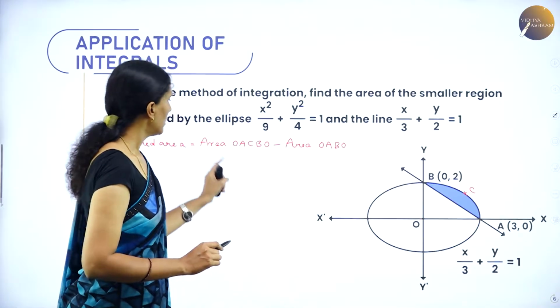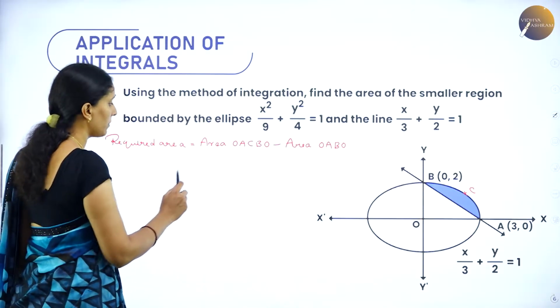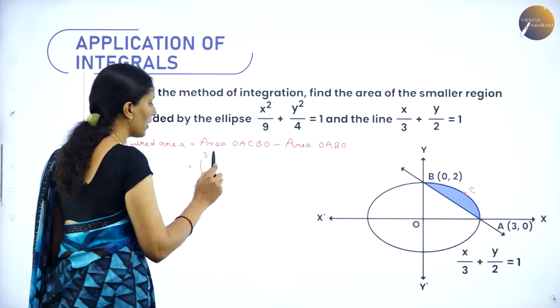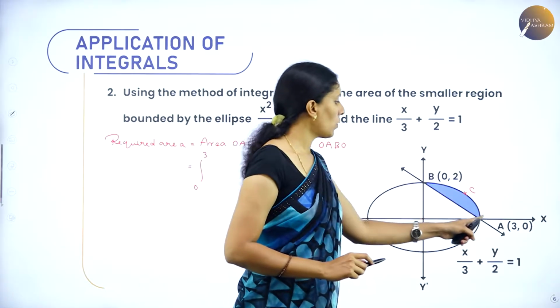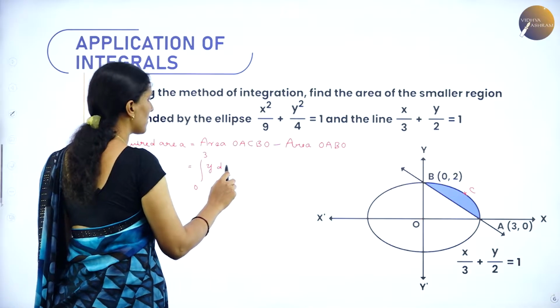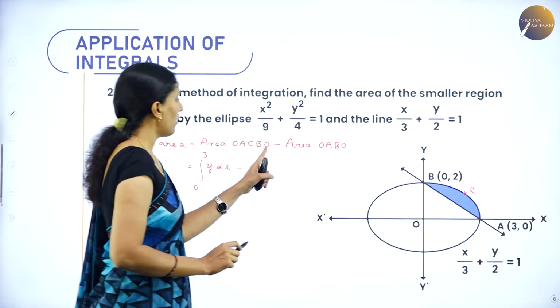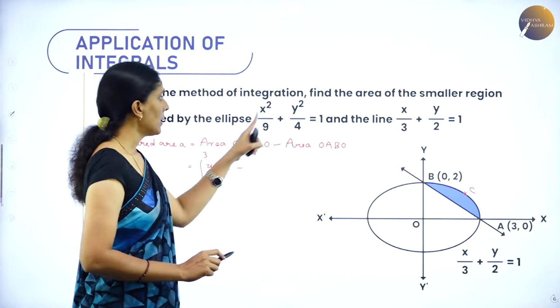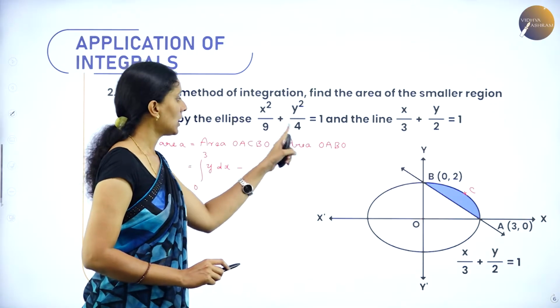Now what is the area of OACBO? It is the integral from 0 to 3 because the limits are from 0 to 3 here, of y into dx. This curve represents the part of an ellipse, therefore the substitution for y must be using this relation.